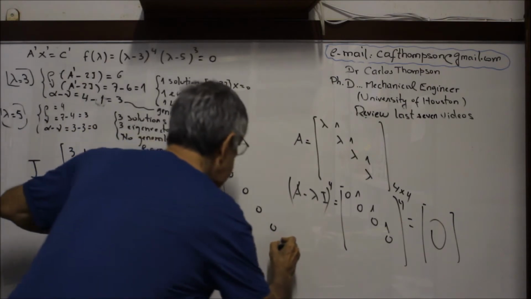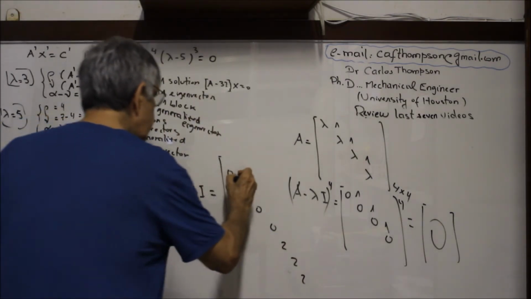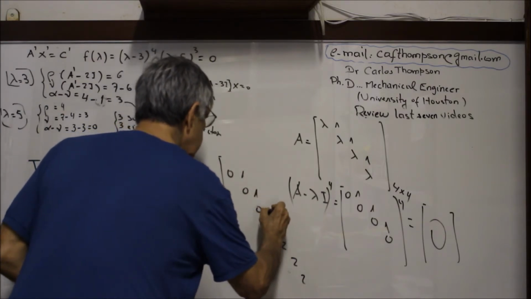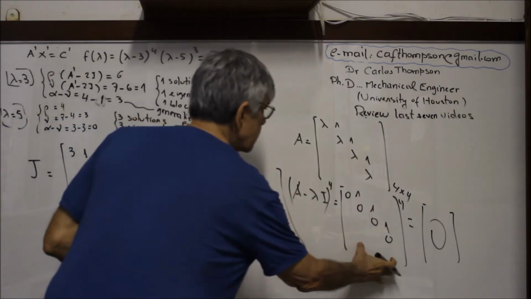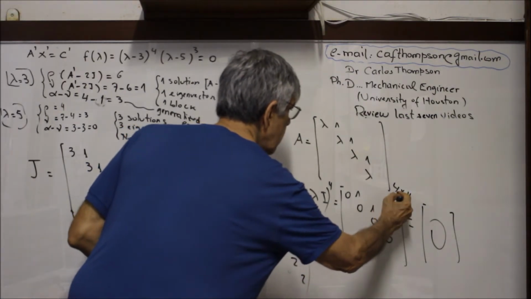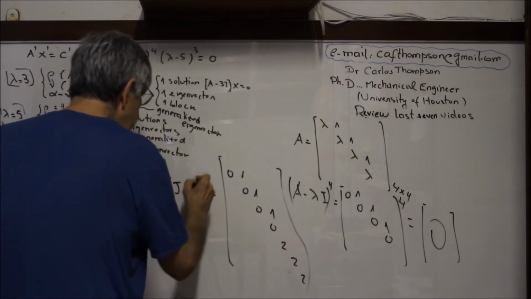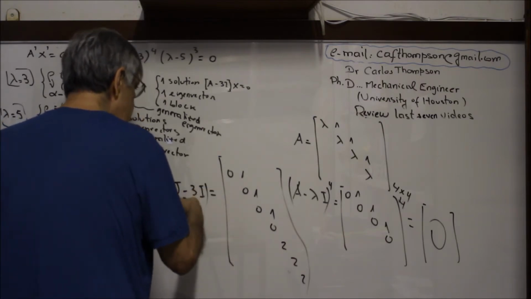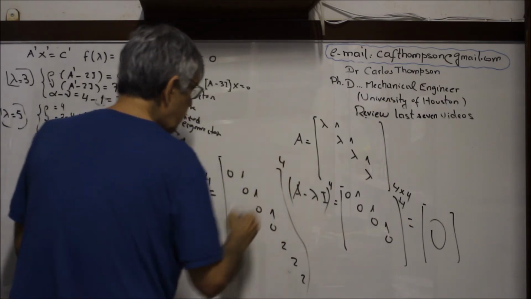The 5 minus 3 is 2, 2, and 2. Now I have 1 here, 1 here, and 1 here. You see, look at this block here and look at this block here to the power 4. Okay? Now, if I raise here the exponent to the power 4, this to the power 4.